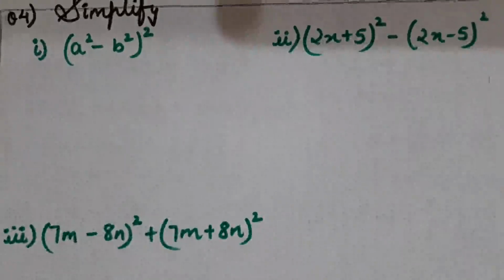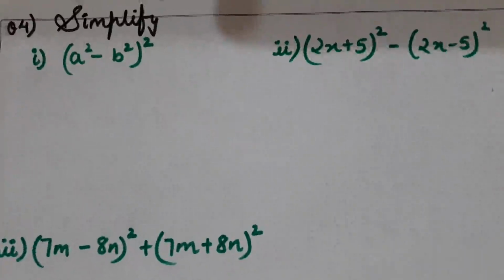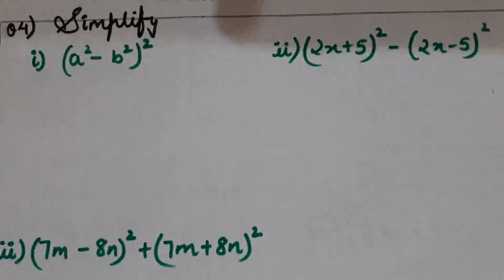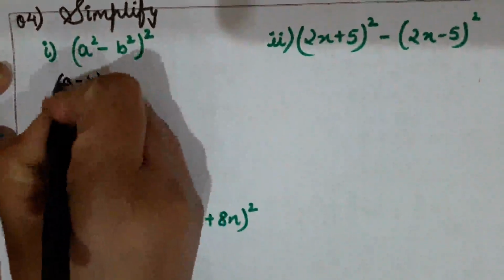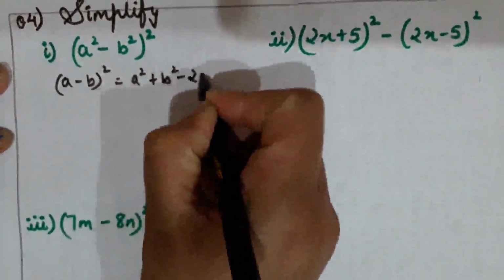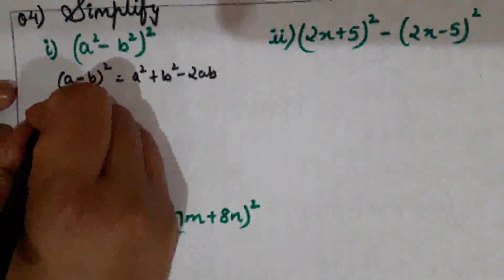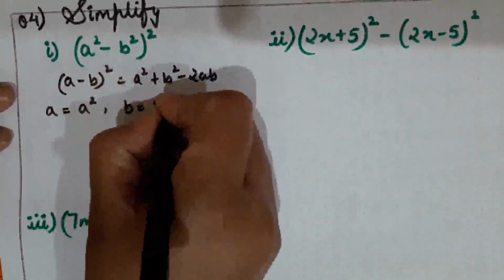So first question is (a square minus b square) whole square. Here formula is (a minus b) whole square, you can write a square plus b square minus 2ab. This identity we are going to use. a is a square here and b is b square here.